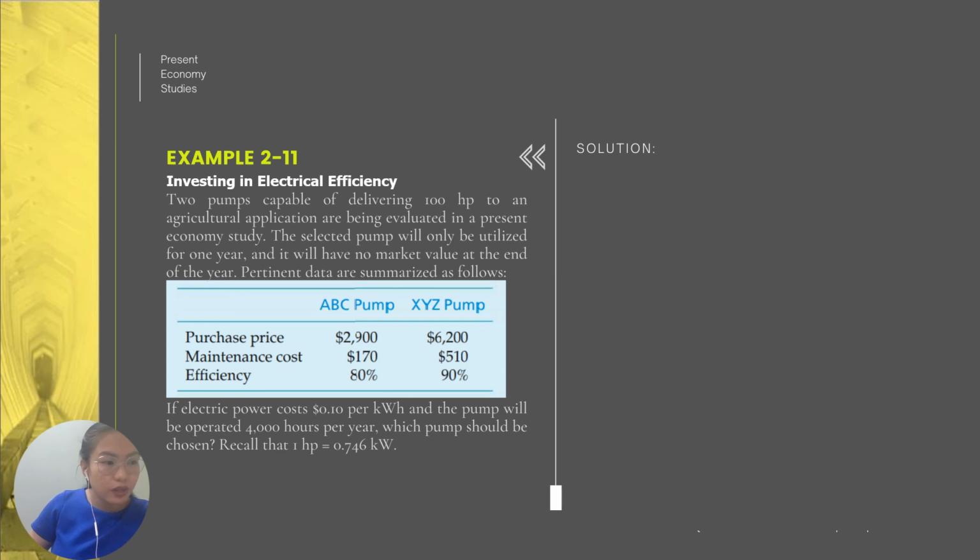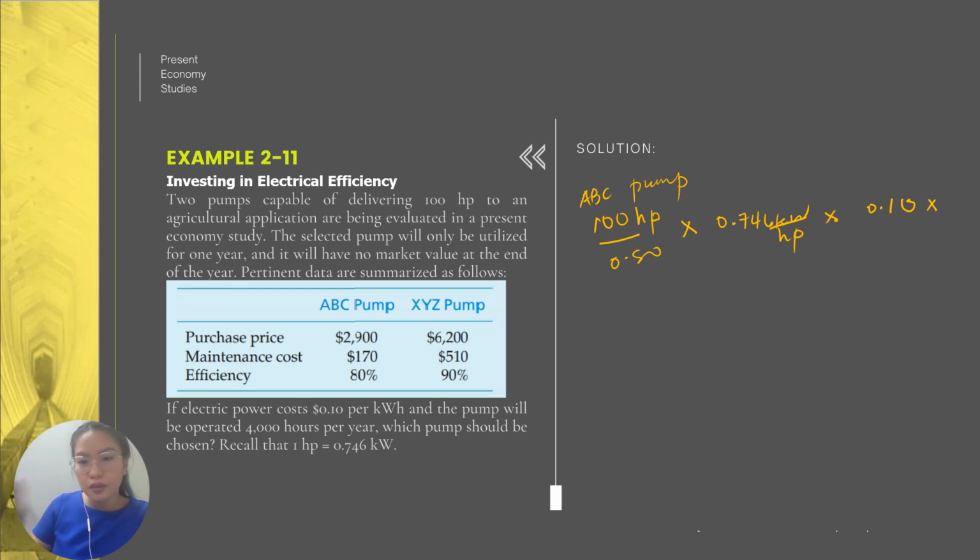The solution would be to first consider the expense of electric power for the ABC pump. That would be 100 horsepower over the efficiency of 0.8, I mean 80%, times the conversion factor of 0.746 kilowatt per horsepower, multiplied by 0.10, which is the electric power cost, and times how long it will be operated, which is 4,000 hours per year.